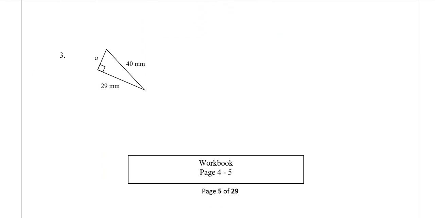Question 3, we're finding the shorter side here next to the right angle, so we need our shorter side formula. The two sides that we're looking for, the hypotenuse will be the longer one, which will be the 40, and the b will be the shorter side. Subbing that in, we get the square root of 40 squared minus 29 squared.